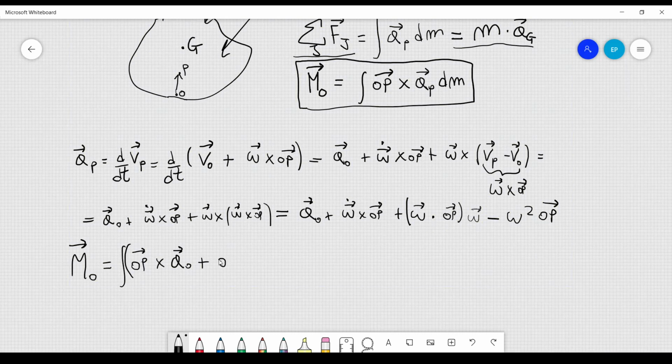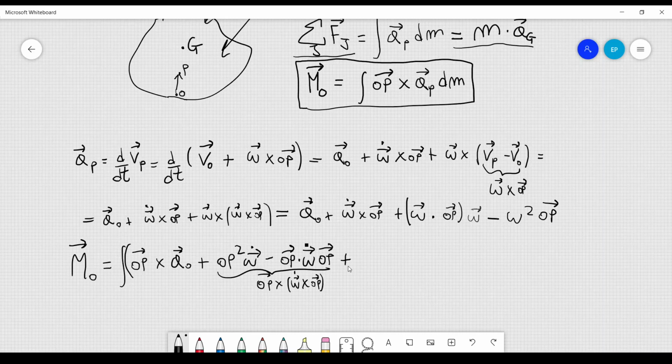So I have OP squared omega dot minus OP dot product omega dot times OP. So this was just OP cross omega dot cross OP, and you can rewrite it like this.